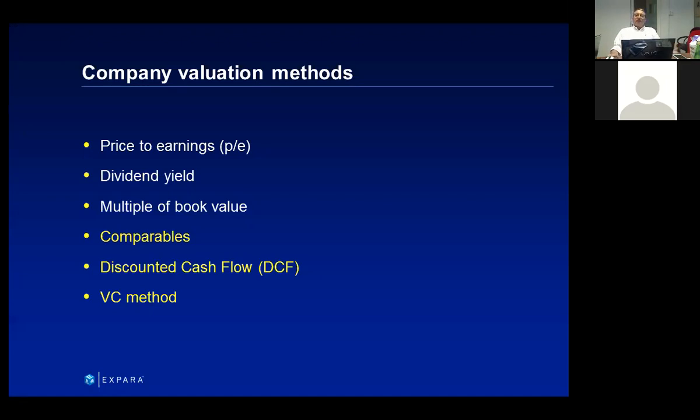Then we adjust that valuation based on known differences between us and the reference or benchmark company, to arrive at our valuation. So this is a well-known method of valuing companies. It sounds good, sounds promising, but what's the problem?